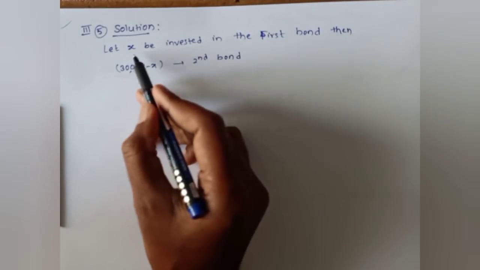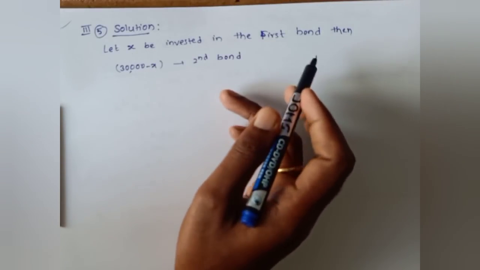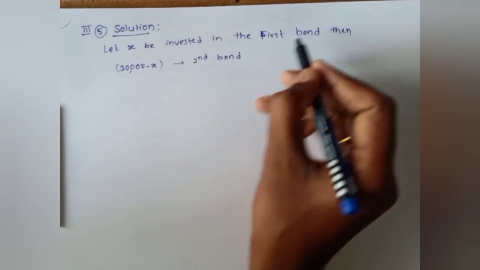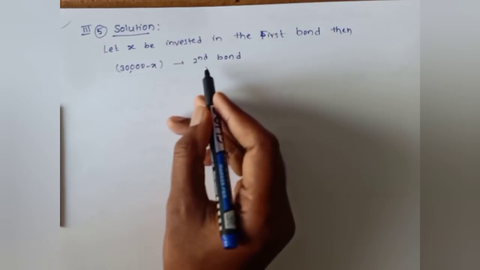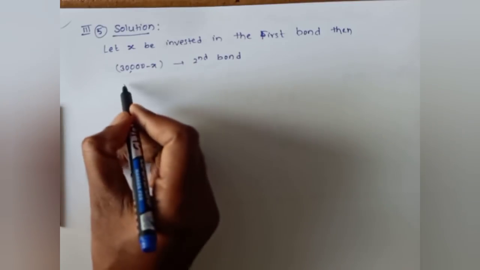Now, x rupees is invested in the first bond, then 30,000 minus x is invested in the second one. So what is given here?